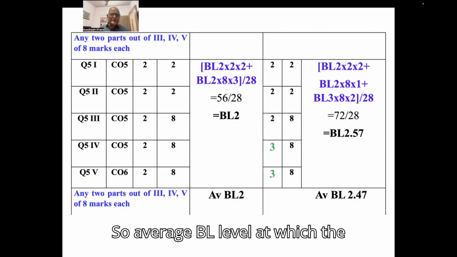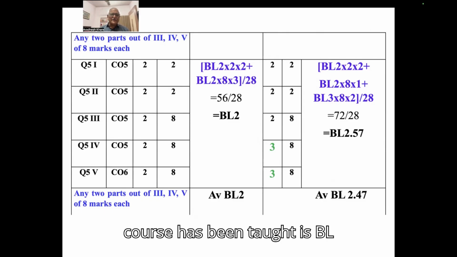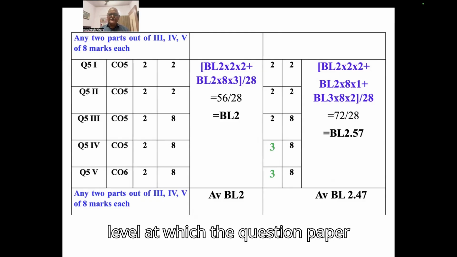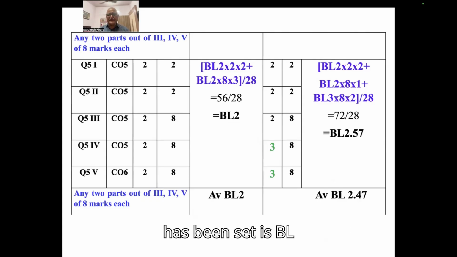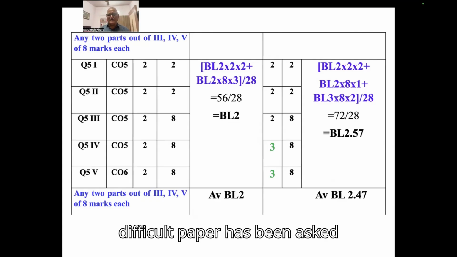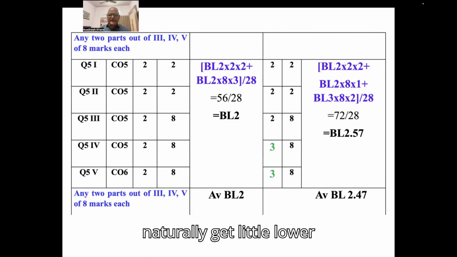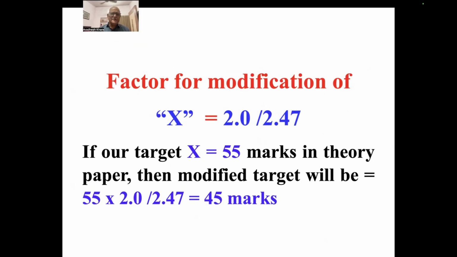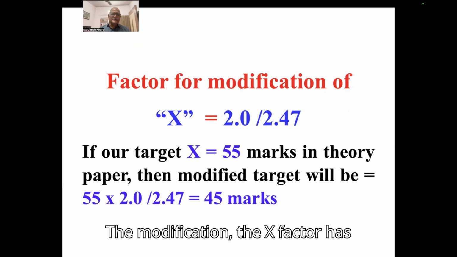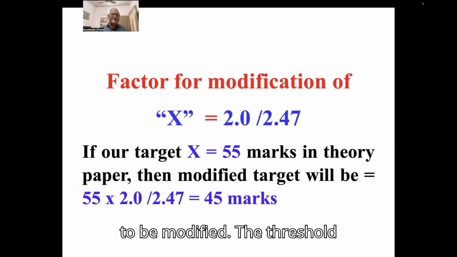So the average BL level at which the course has been taught is BL2, and the average BL level at which the question paper has been set is BL 2.47. So a little difficult paper has been asked, and therefore the students naturally get slightly lower marks, and therefore the X factor has to be modified.